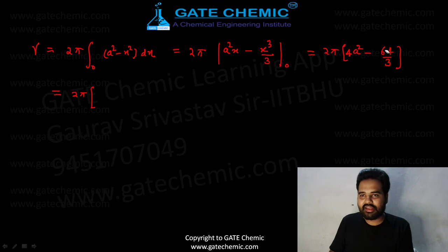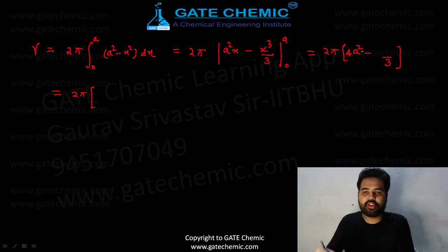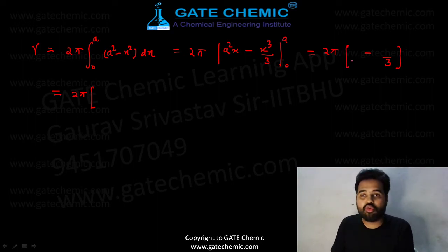So here the limit was 0 to a, so instead of 4, it will be a cube now. Keep this in mind, don't make this mistake. It's a cube minus a cube by 3.